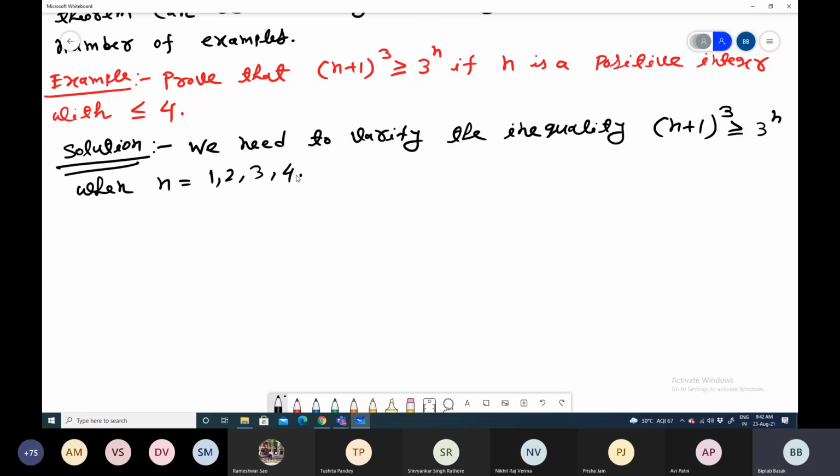And we are done. If we can prove that this statement is true for n equal to 1, 2, 3 and 4, then this theorem will be proved, right?